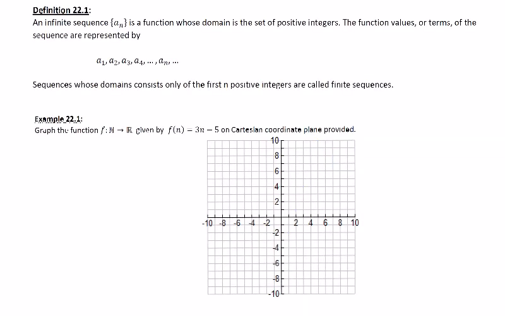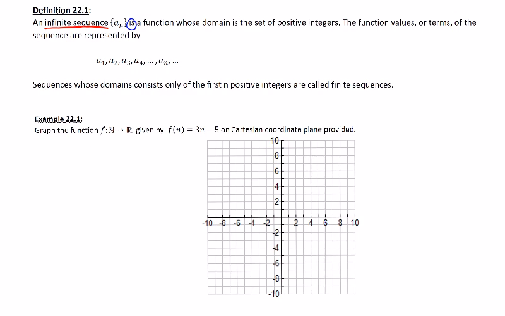Definition 22.1 is going to define several things for us that are going to make it easier for us to be able to work with these things called sequences. Now, the first thing we have here says an infinite sequence, an, is, so let me circle the word is, and an infinite sequence is two things.